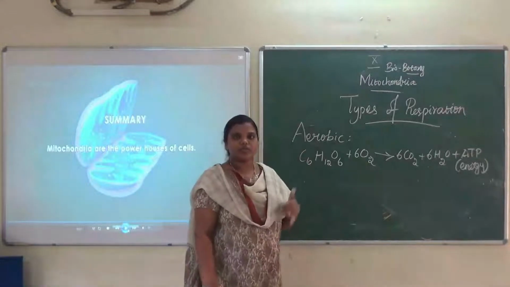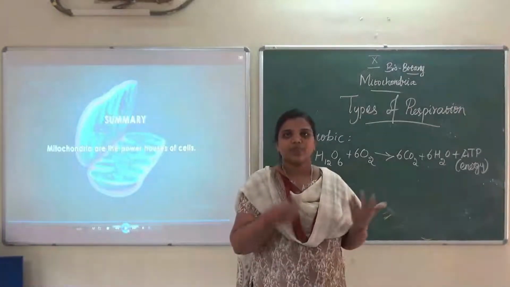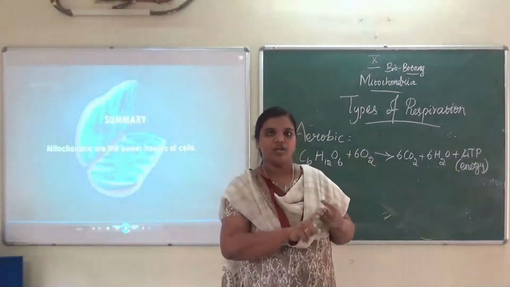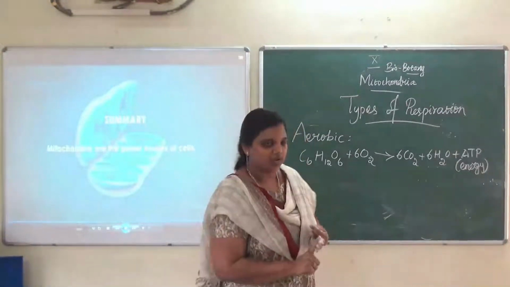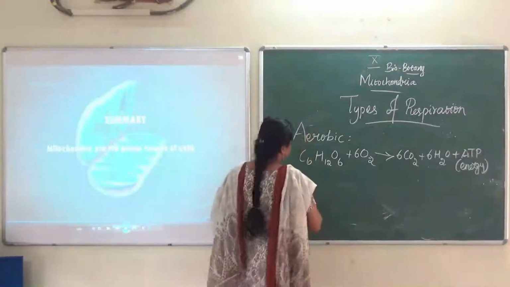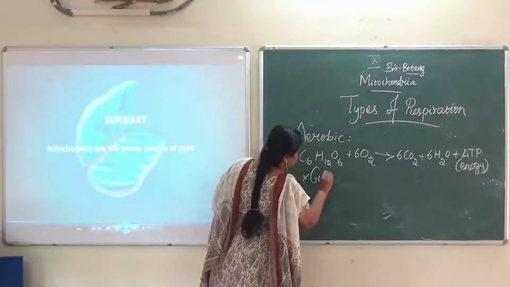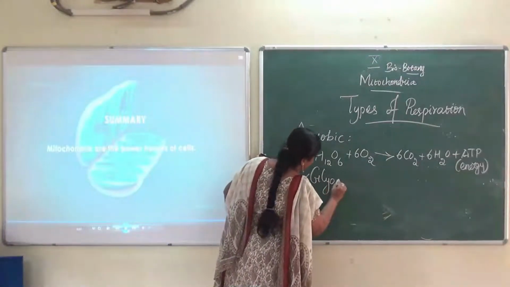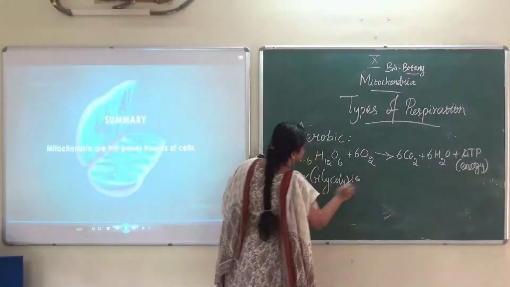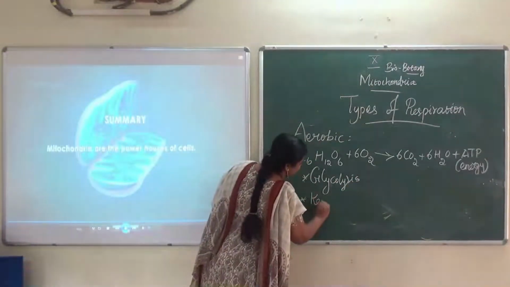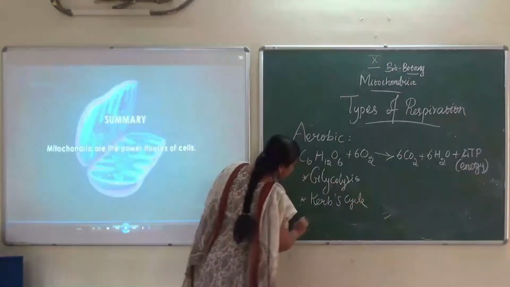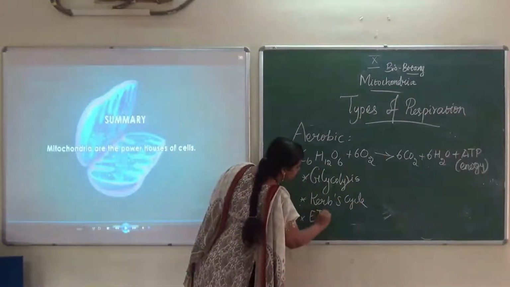In aerobic respiration, in both plants and animals, 3 steps are involved. One is glycolysis, then the next one is the Krebs cycle, and the third one is the electron transport chain.